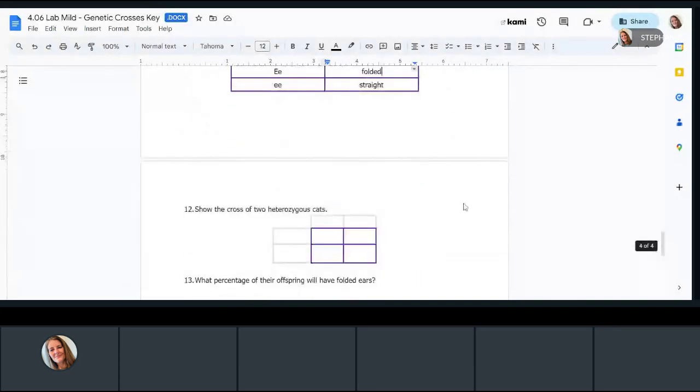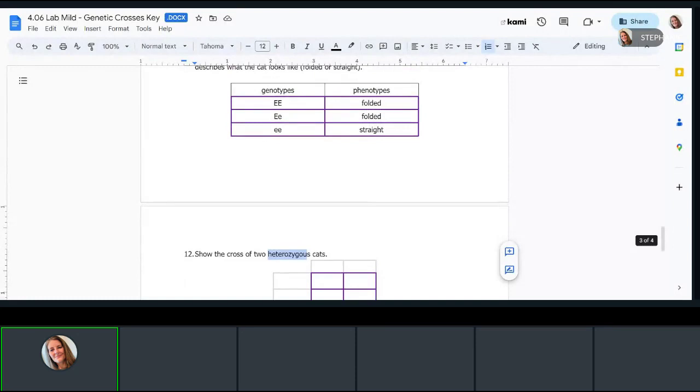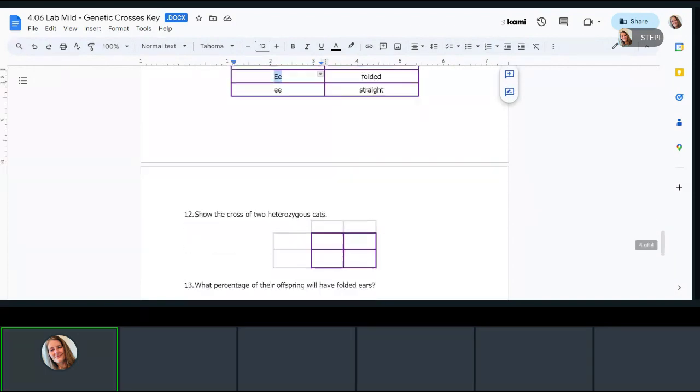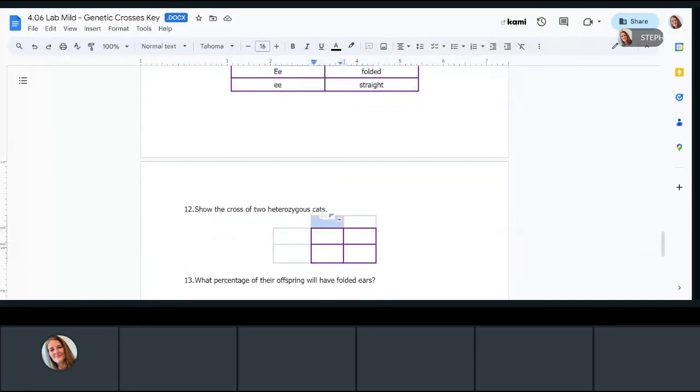Okay. So heterozygous means 2. They have 2 genes. So heterozygous looks like that. So they have 1 of each because hetero means 2. So your cats have the genes like this.